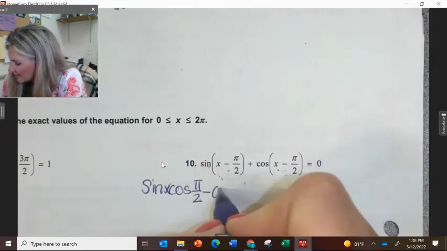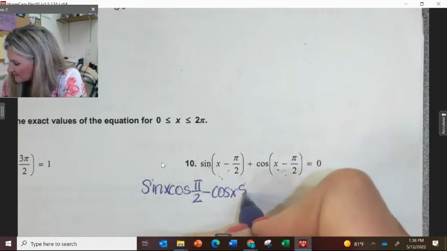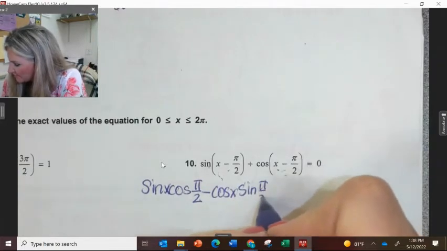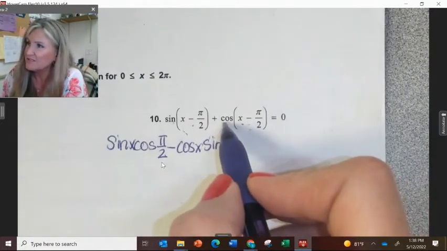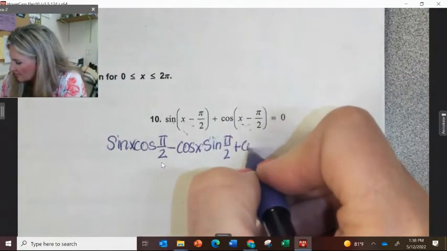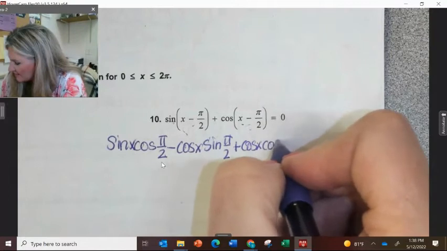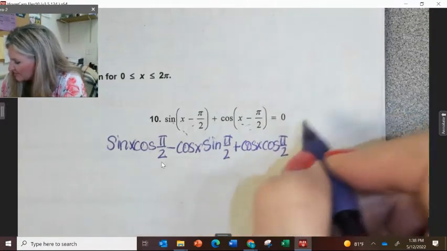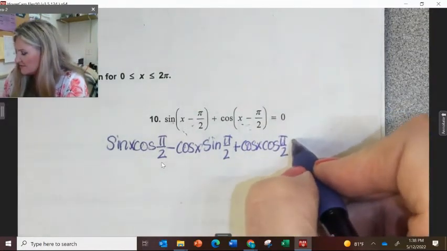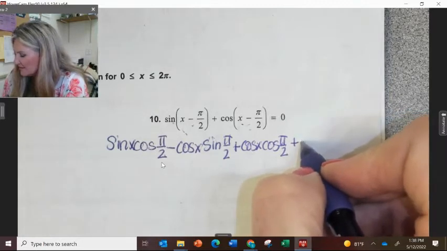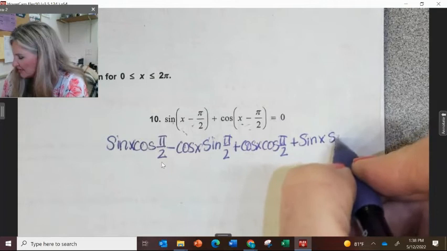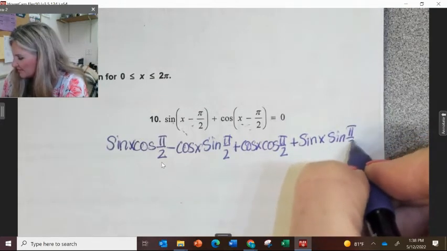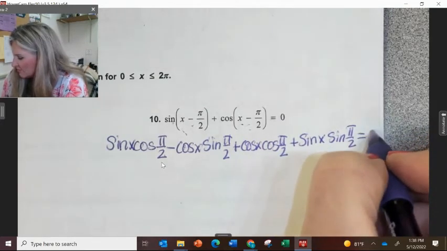Minus, and then it's going to go cosine x sine pi over 2, plus, how's this one go when it's cosine? Goes cosine x cosine pi over 2, and then is it minus or plus? Plus. Isn't it great when you memorize a formula that you don't even really have to memorize, but you guys got it. There we go, equals 0.